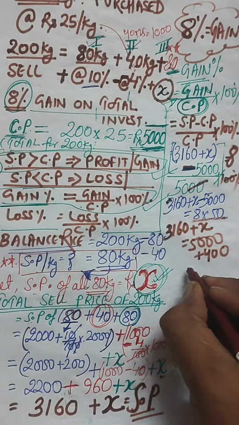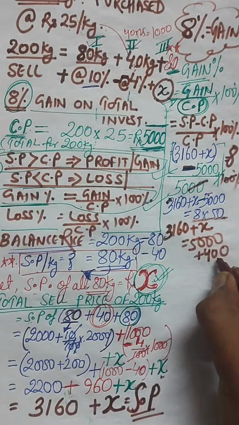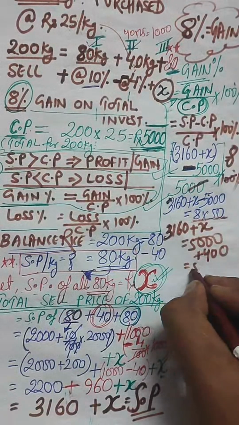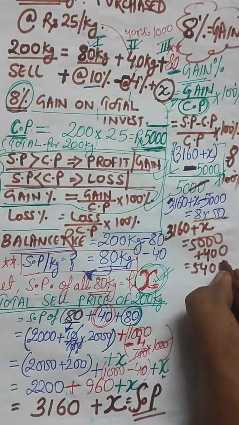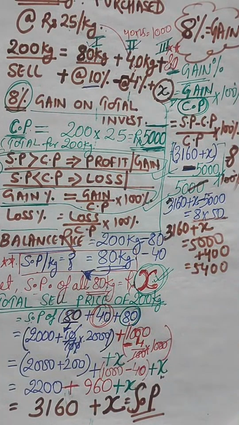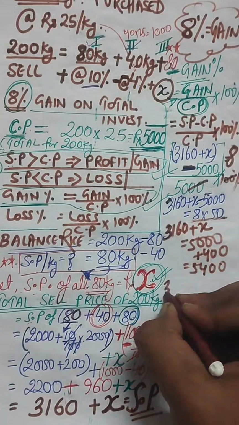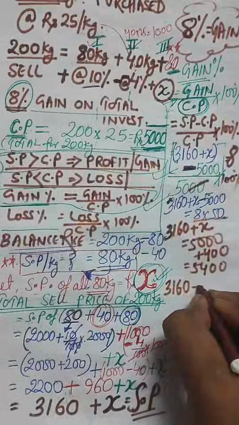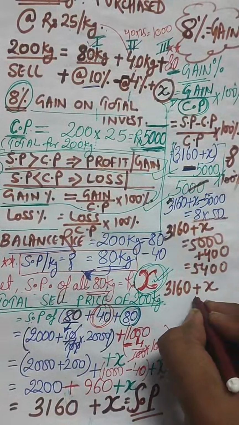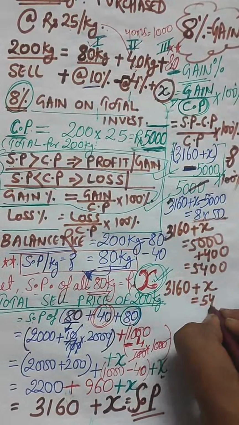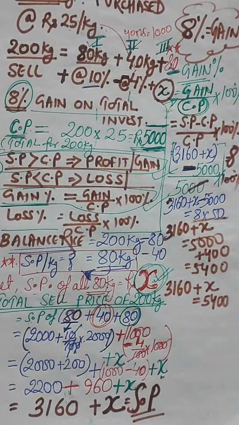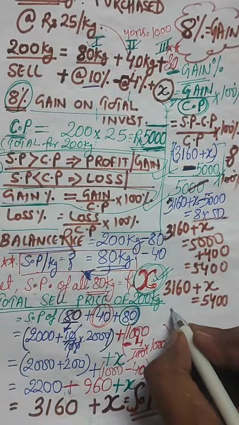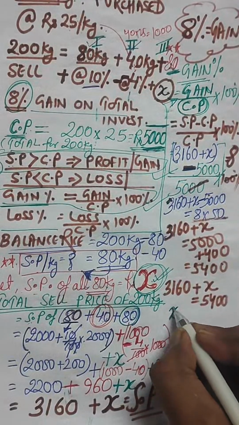And 5000 plus 400 will be nothing but 5400, right? Now we can say 3160 plus X is equal to 5400, right? So from here we calculate the value of X.